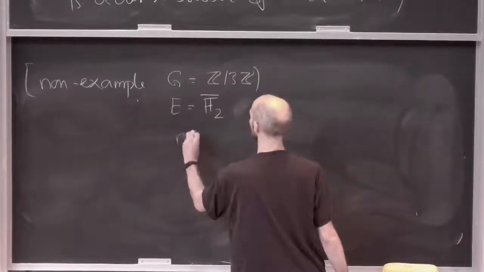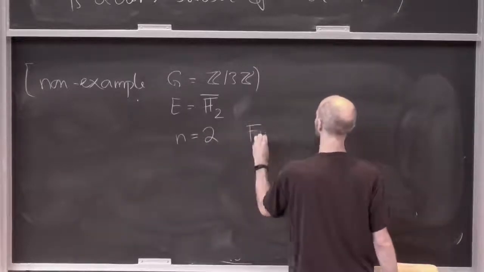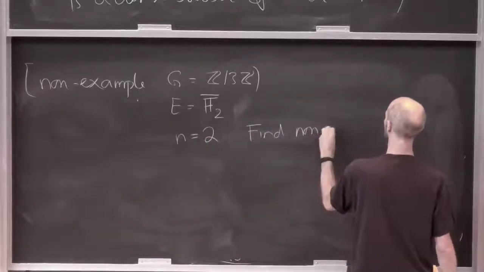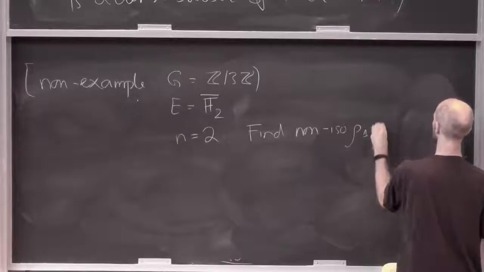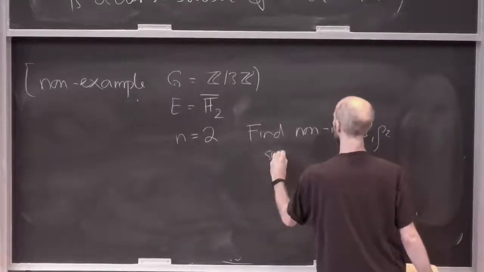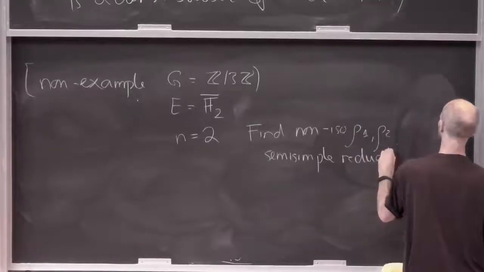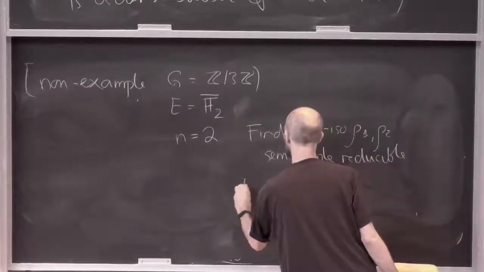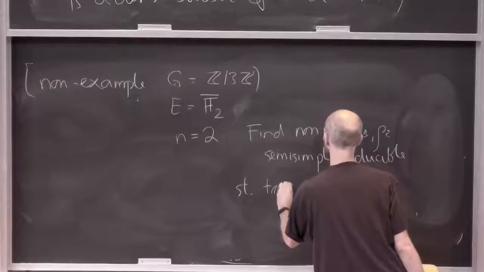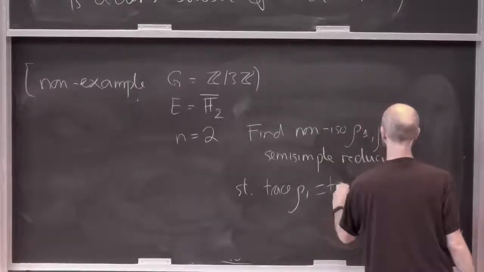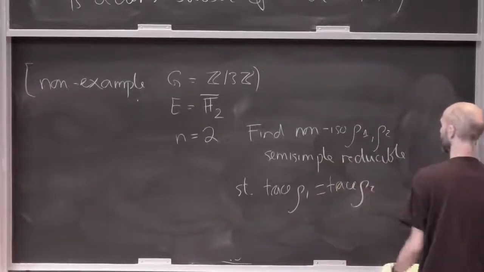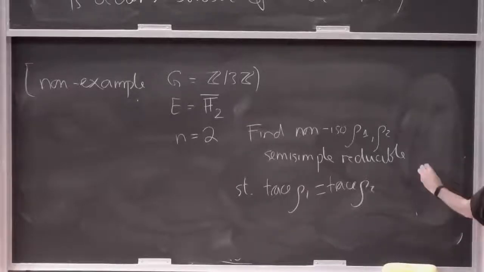Let n be 2, and find non-isomorphic rho 1 and rho 2, semi-simple and reducible, such that the trace of rho 1 equals the trace of rho 2. I'll give you a hint that they're both the zero function.